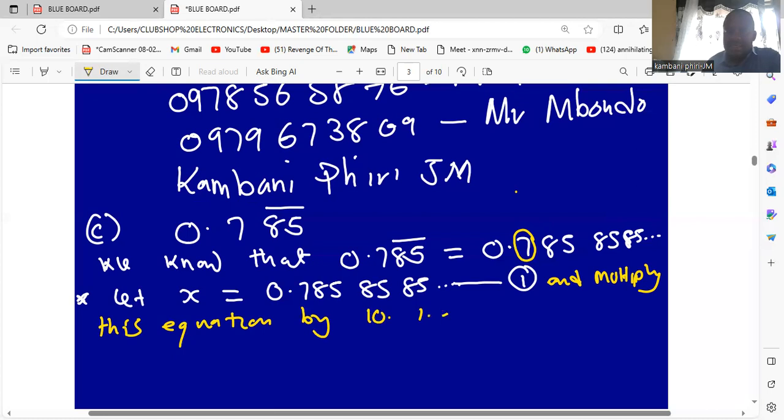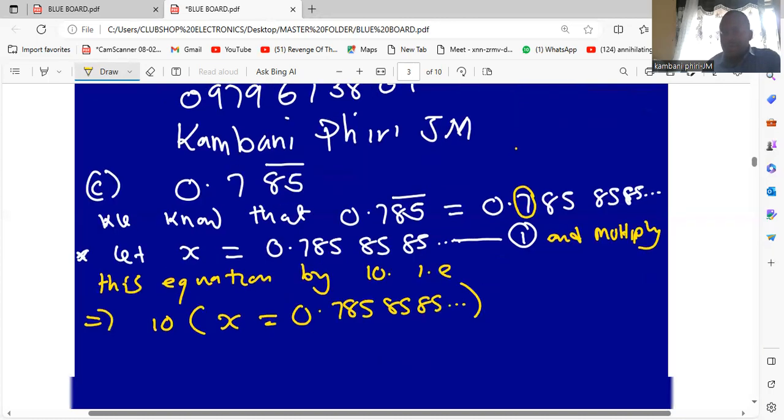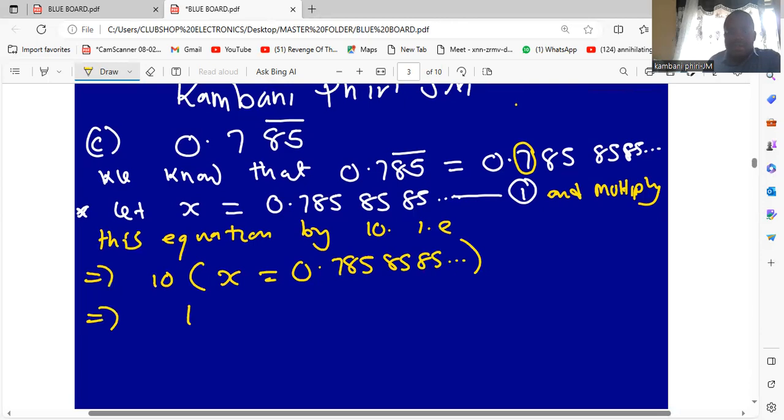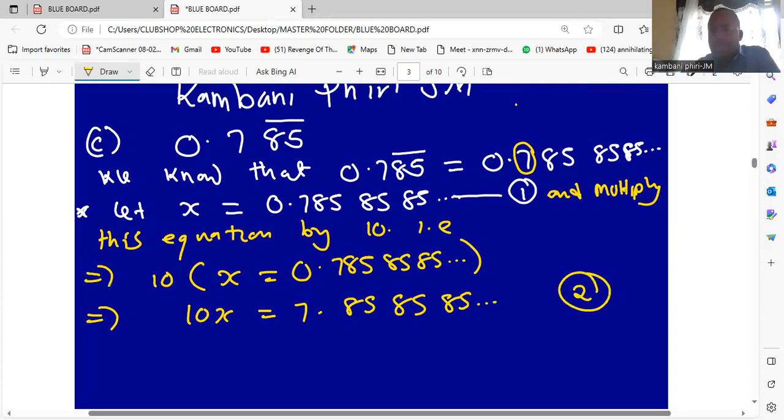That is 10 open bracket x is equal to 0.7858585... up to positive infinity. Upon simplifying, 10x is equal to 7.8585..., and we call this equation 2.